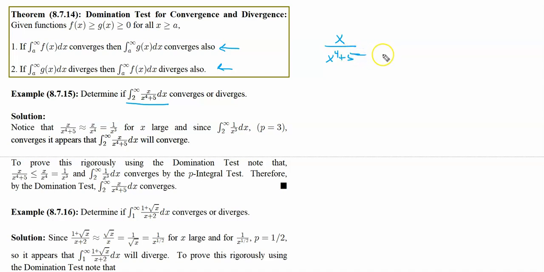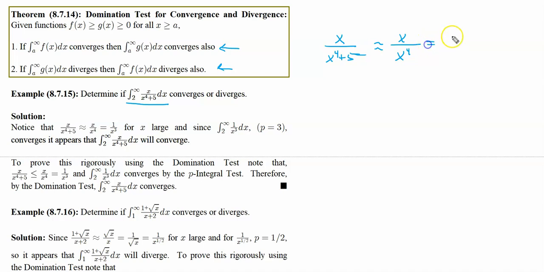Now notice that for x large, the 5 doesn't really contribute very much, right? If x is very, very large, 1 million divided by 1 million to the 4th power plus 5, that's basically the same as 1 million over just 1 million to the 4th power, right? So this is approximately the same as x over x to the 4th for x really large.